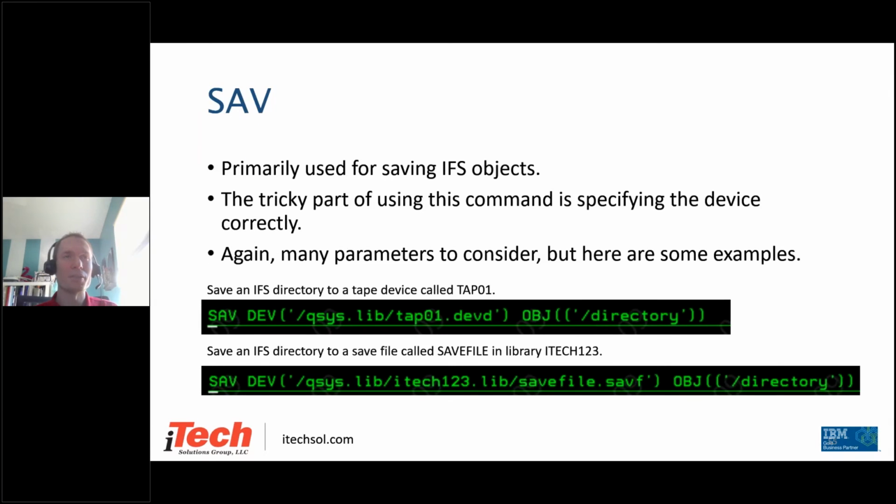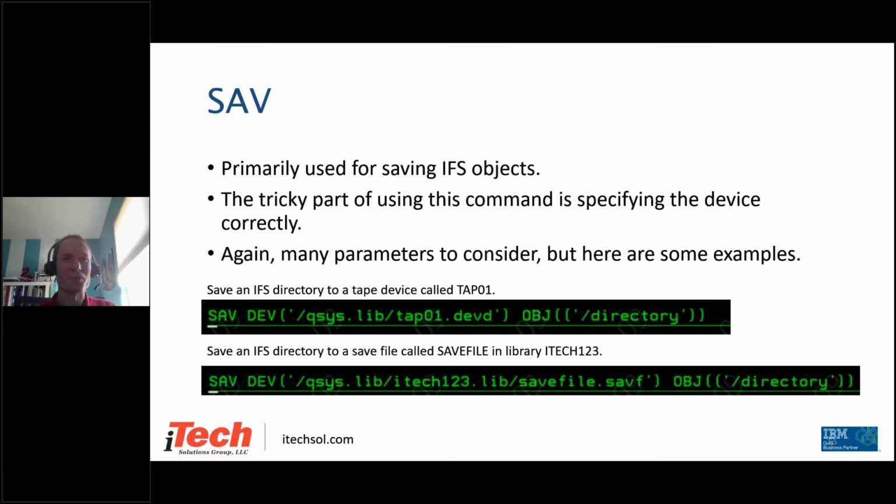Then you have the command SAV, and this is primarily used for saving IFS objects, but it can also be used for saving libraries in QSYS as well. The tricky part of using it, kind of like on the change zone command, is that you have to specify the device correctly. So again, there are many parameters to consider. Here's an example of saving an IFS directory where you see the device.